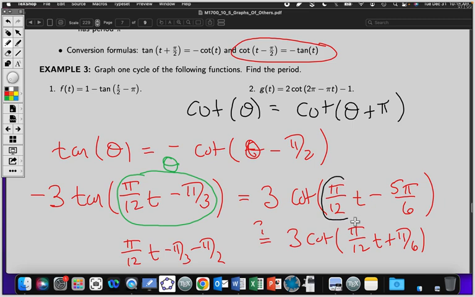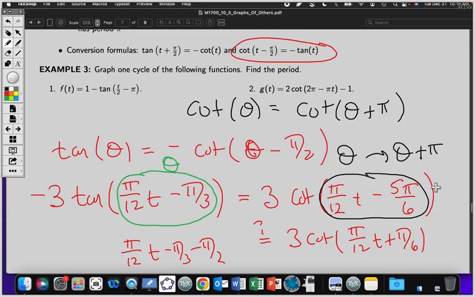So if I look at my argument here, if I think of this as that something, and I take this something plus pi, pi is 6 pi's over 6.